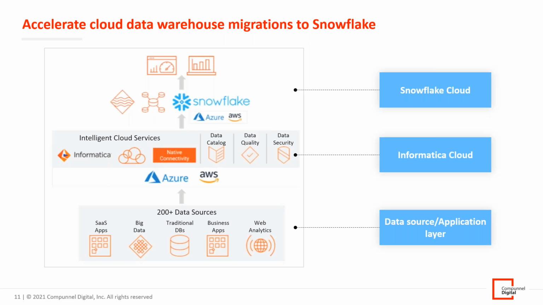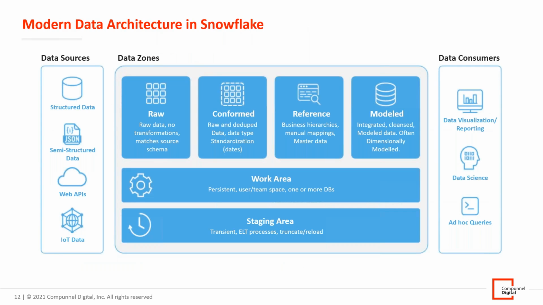In this way, by using cloud-based applications like Informatica, we can accelerate our cloud data warehouse migrations to Snowflake very easily and quickly. And I mentioned here modern data architecture in Snowflake.